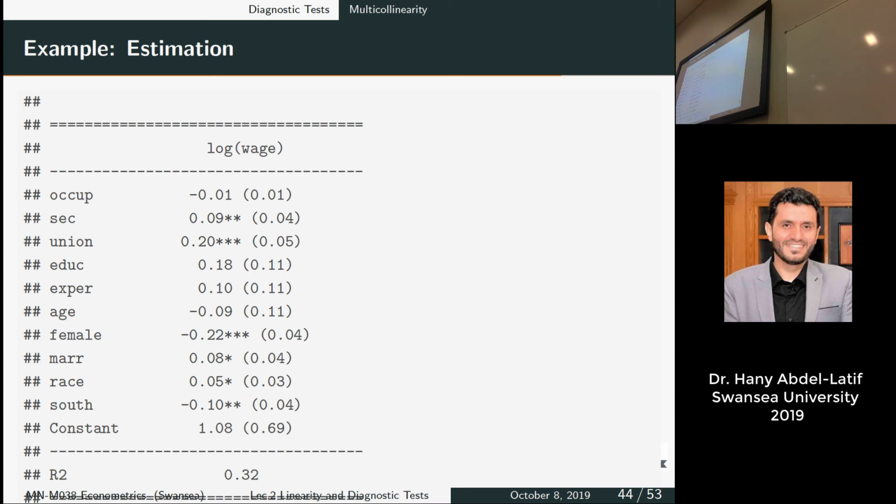So don't just think, okay, 30% is low because it's supposed to be 90 or 80. It's just the nature of the data we're looking at here. This is cross-section data. If it was time series data, I would definitely agree with you. This is really low for time series data, and it wouldn't even be acceptable.